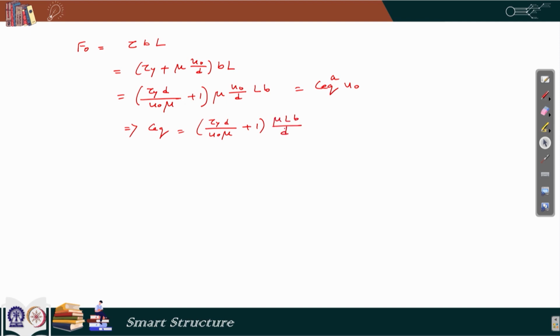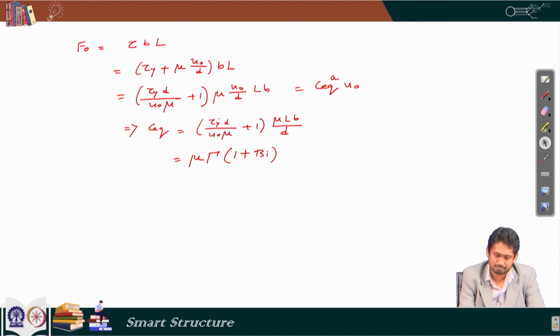Now, this quantity can be expressed as mu multiplied by capital gamma. We know that L b by d is capital gamma, and then this entire quantity is multiplied by 1 plus B I. We can see here that this quantity is again a ratio of yield stress and viscous stress.